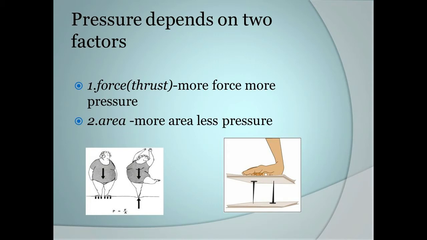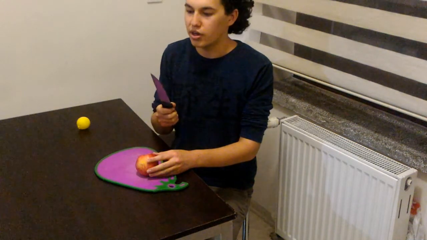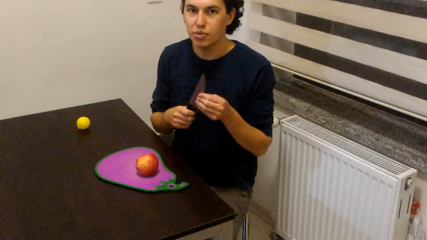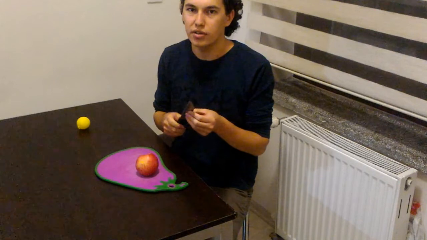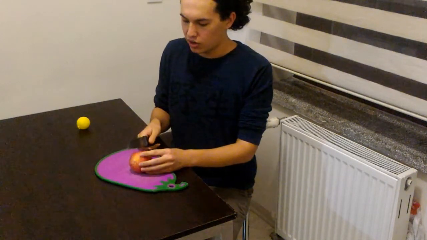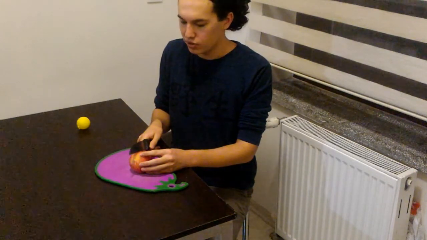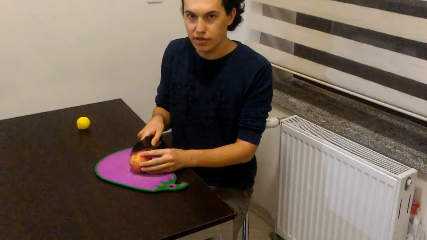So here there are some experiments. Let's move on to them. As we said before, the pressure is related to surface area. I am grabbing a knife which has a sharp side and a thick side. The thick side has a larger surface area than the sharp side. First, I will try to cut the apple with the thick side.